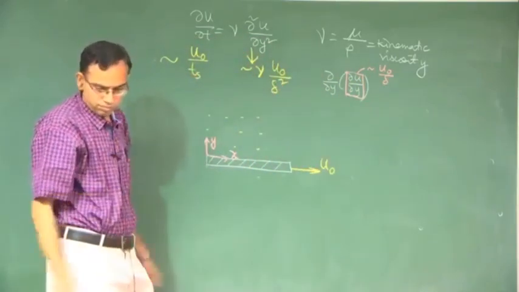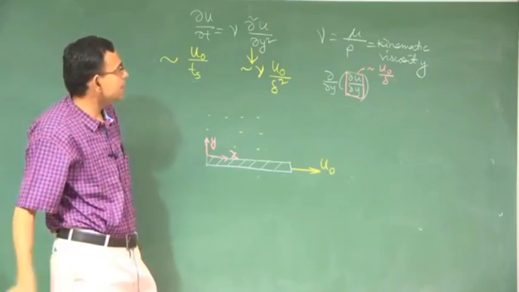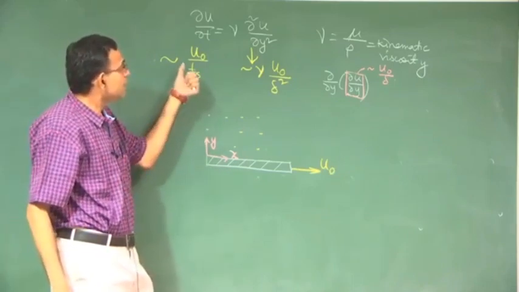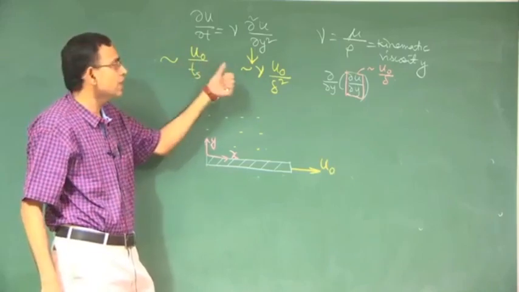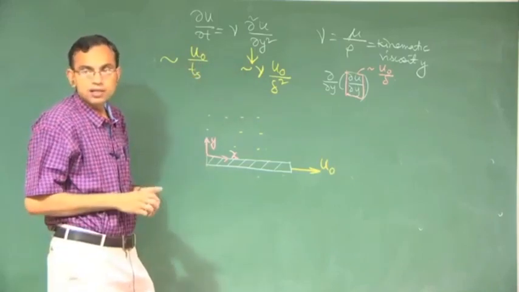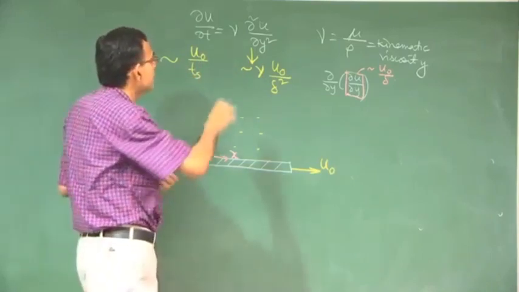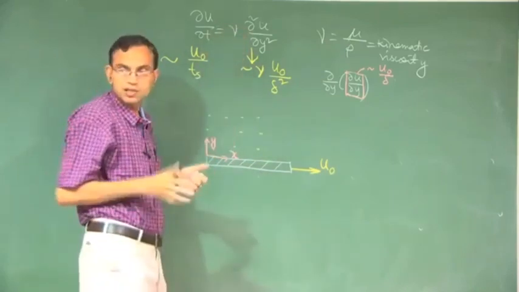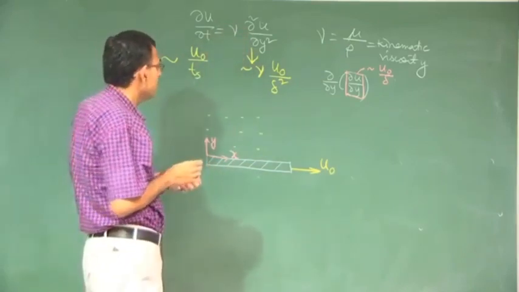Now we can say one thing: because these two terms are equal, they must be of the same order, because there is no other term to cancel these two terms in the momentum equation.